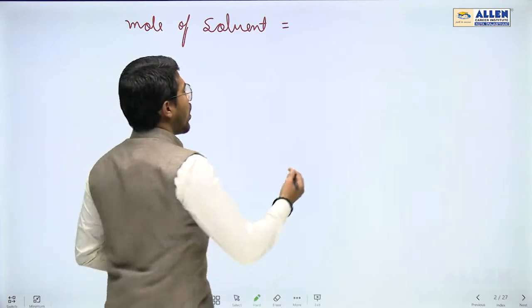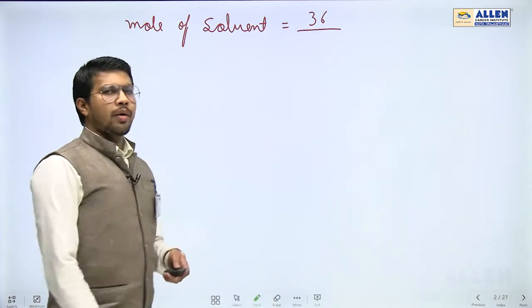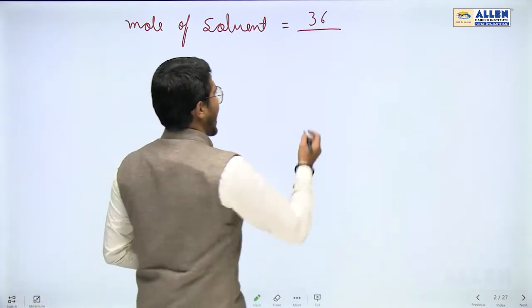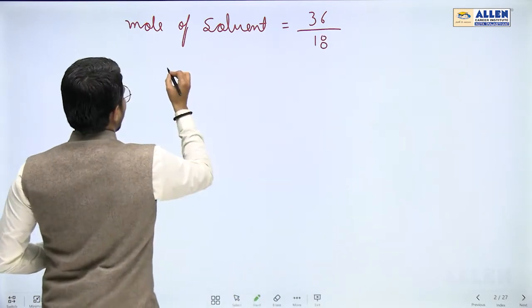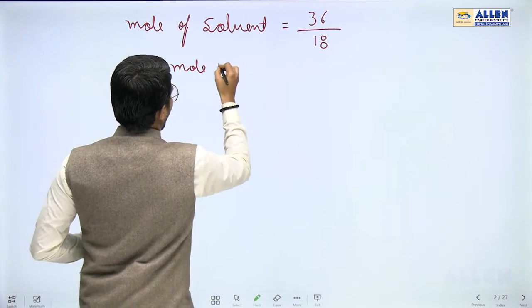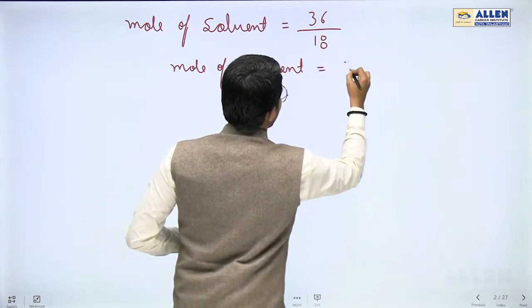We have been given 36 gram of water, and the molecular mass of water is 18 grams. So mole of solvent is equal to 2.